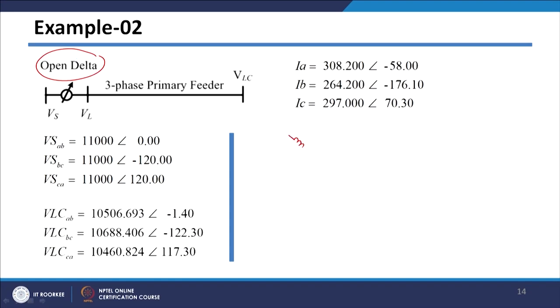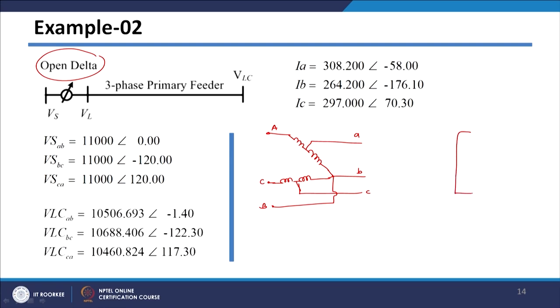You are having these 2 regulators which are placed like this, and this is your A phase, this is your B phase, and this is your C phase which is coming out. We have seen that, and this is basically going to capital A phase, this is going to capital B phase, and this is going to capital C phase.